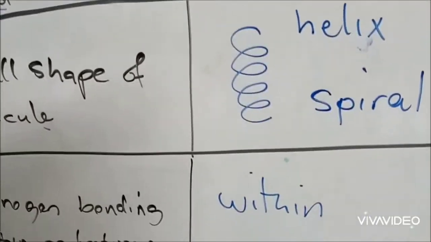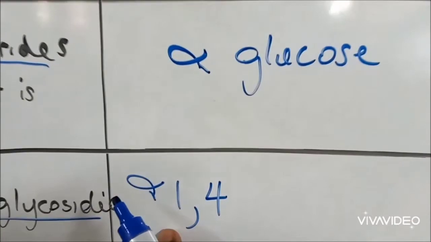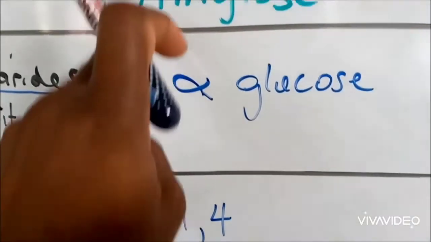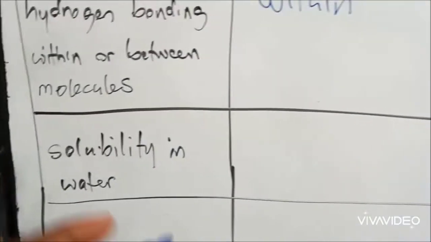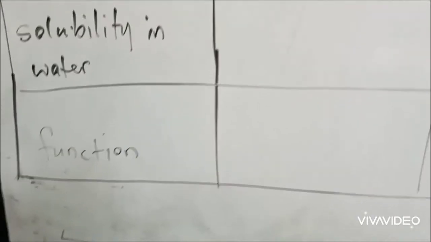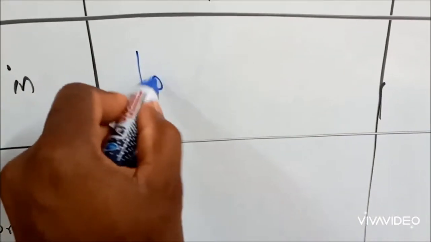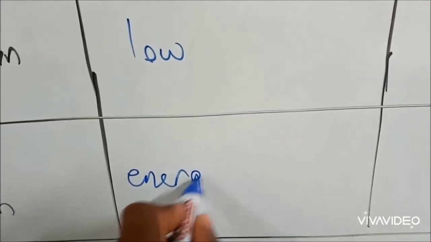So to break these glycosidic bonds, alpha 1,4 bonds, you're going to need amylase, right, and some water. Good. So in terms of the solubility, because the hydrogen bonds are within the molecule, it becomes very low. The function here is going to be, so low solubility, and it is an energy reserve.